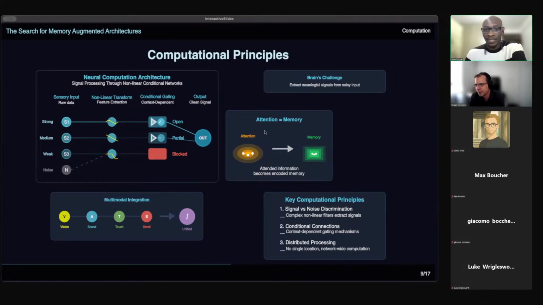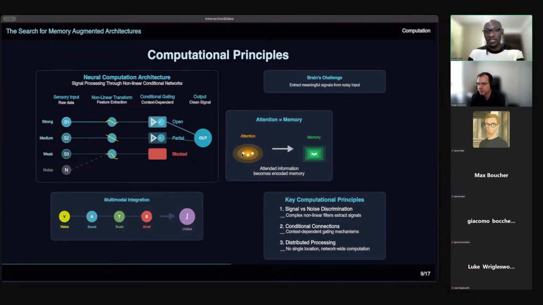Yes, true. And you can see here I've represented that exact phenomenon. If you are attending to a certain section of the area, then how memory is encoded is that the specific strong signal you're attending to will be reproduced the same way.